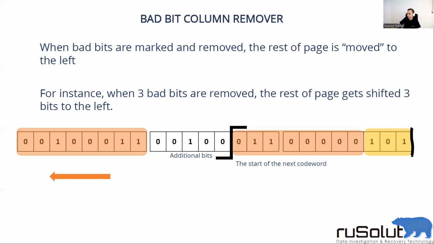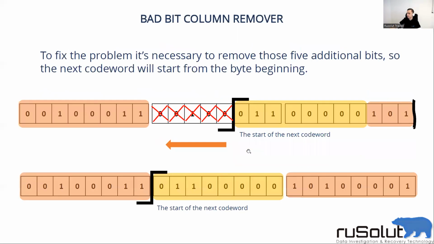So when we have 3 bad bits removed, the rest of the page gets shifted also 3 bits to the left, exactly how it was in the case of byte columns. But I think that in the practice case, it will be more clear.